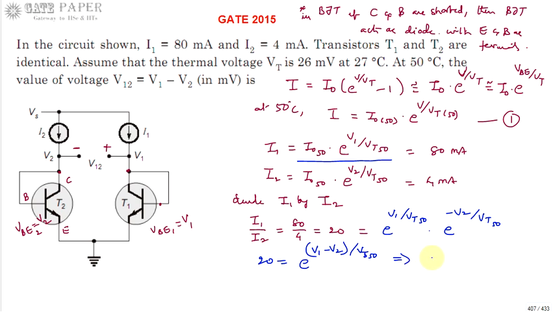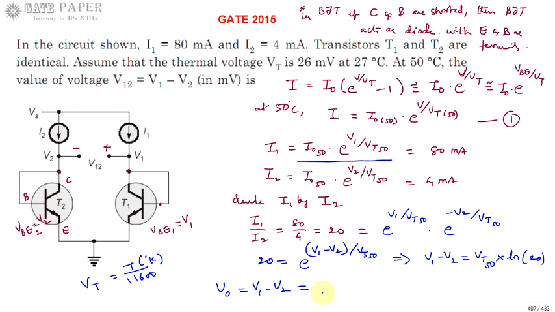From this, V1 minus V2 is equal to Vt at 50 into natural logarithm of 20. V1 minus V2 is nothing but V0. Vt can be calculated as T by 11,600, where T must be in Kelvin.